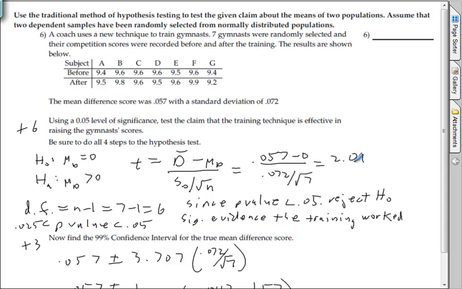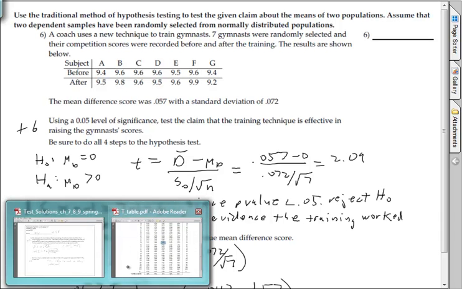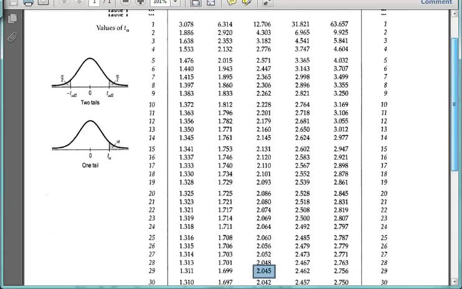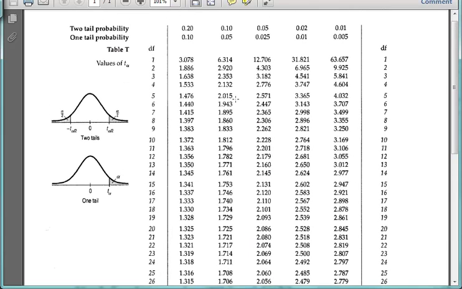If you look up 2.09 on your t-table, what row should we look in? Row 6. Let's look in row 6 and look for 2.09. Row 6, 2.09 is right in here, isn't it? So that means our p-value is between 0.025 and 0.05, right?